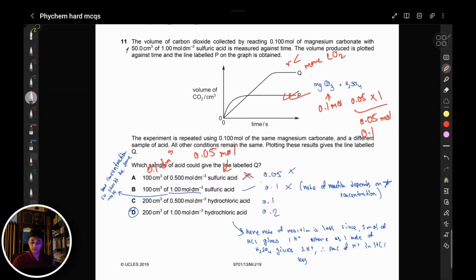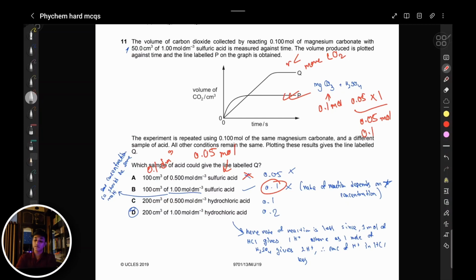Next option. So A is not the answer because it's yielding the same amount of products. B, 100 cm cube of 1 mole per dm cube. If this is used, you're going to get 0.1 dm cube times 1, which is going to be 0.1.